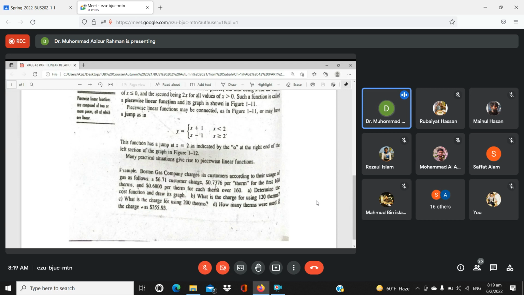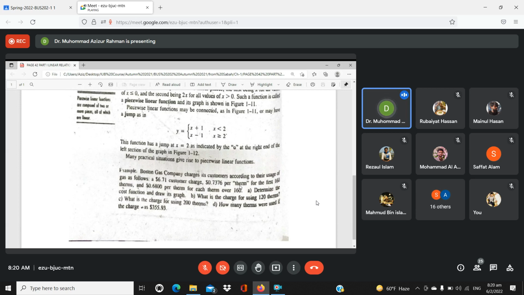And $0.7376 per therm for the first 160 therms. A therm is a unit of gas. So they will charge $0.7376 per therm, but until 160 therms, the first 160 therms, they will charge this rate.